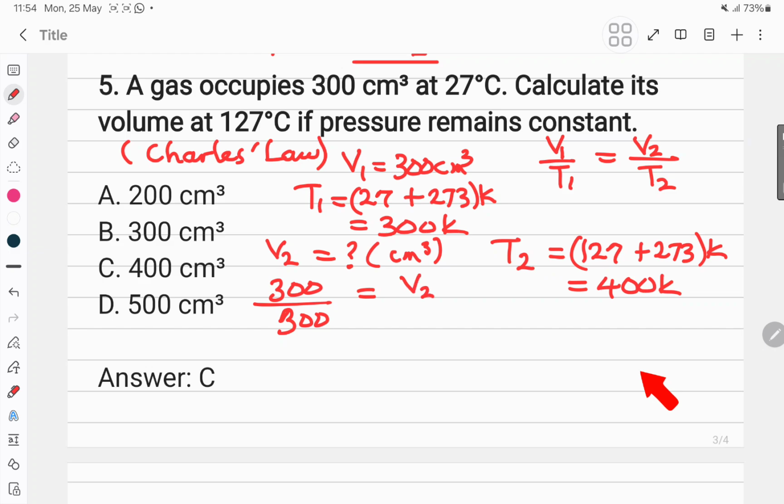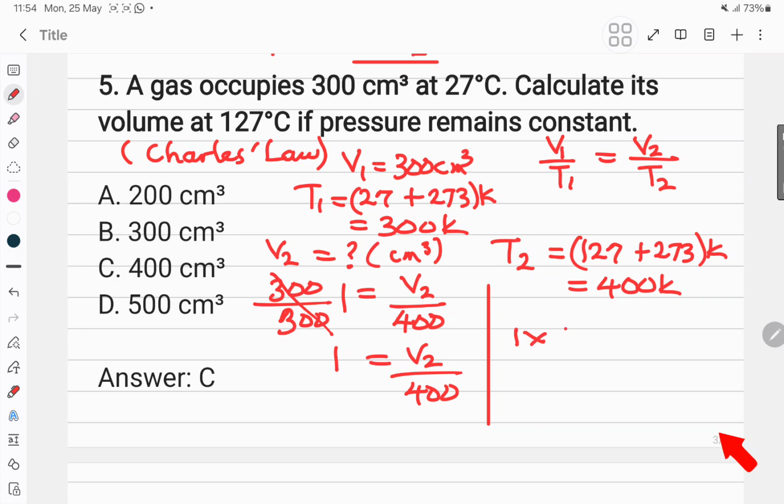The V2 is what we are looking for. The T2 is 400. So this is 1 equals V2 over 400. When you cross multiply, you have 1 times 400 equals V2, and that means the V2 is 400 cm cube.